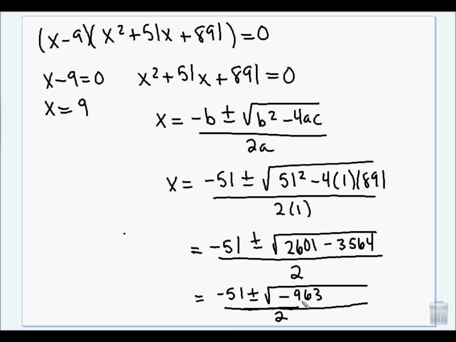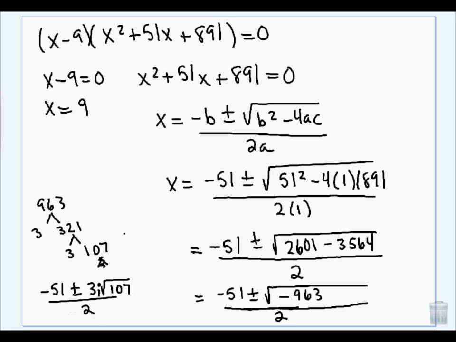And we have to see if there are any perfect squares in 963. So we get negative 51 plus or minus 3 times the square root, 3i times the square root of 107 over 2.